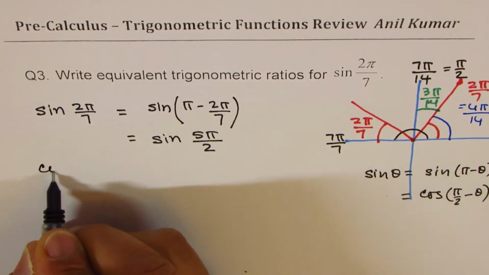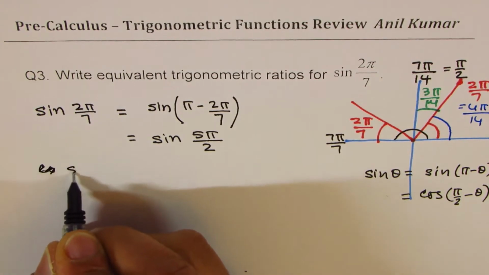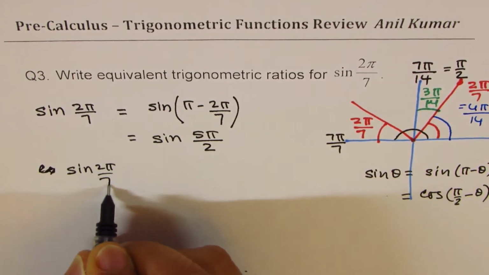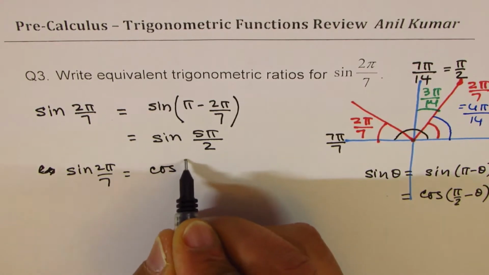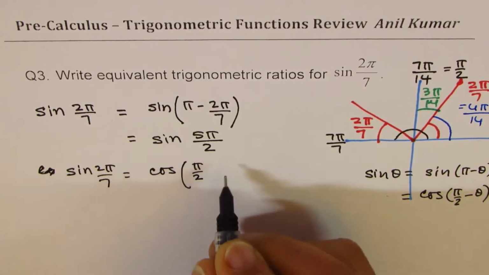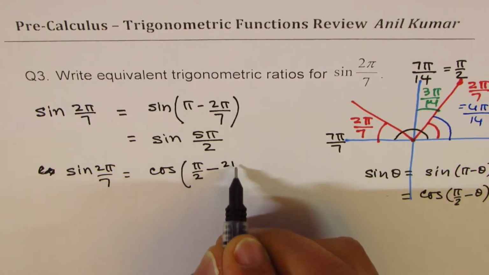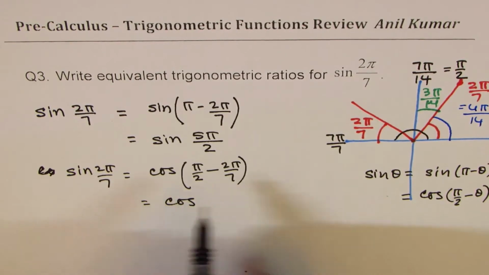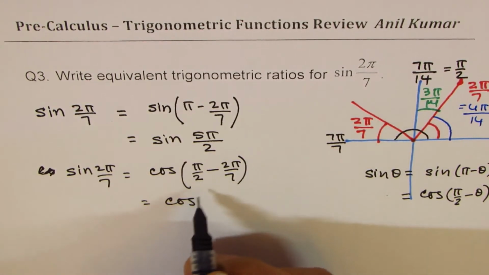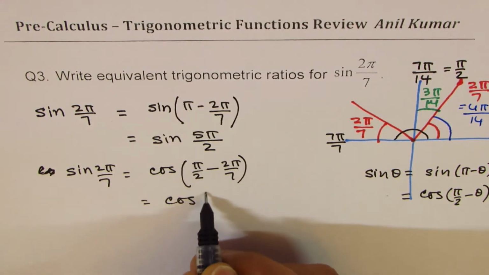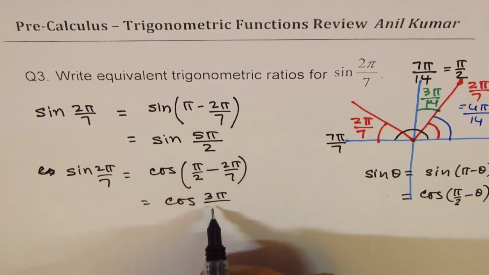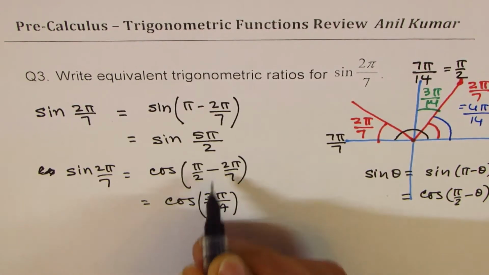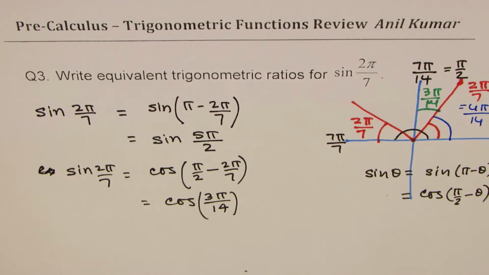So I could also write this as, let me write first sine 2 pi by 7 as equals to cos of pi by 2 minus theta, which is 2 pi by 7. Is it okay? And that gives you cos of this angle, 3 pi by 14. I mean, you can take common denominator and do your math, right? 7 minus 4 is 3, okay. So I'm doing both ways, as some students may find this convenient, the formula itself. Is it okay? So you could do like this.